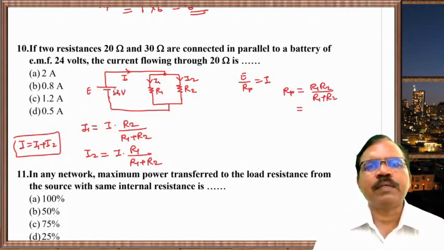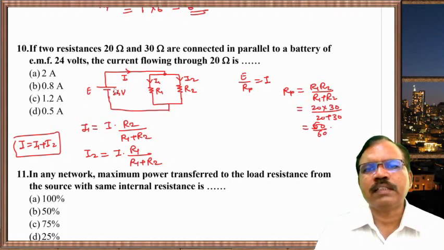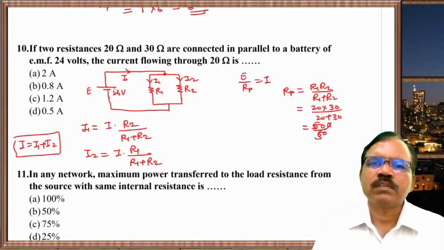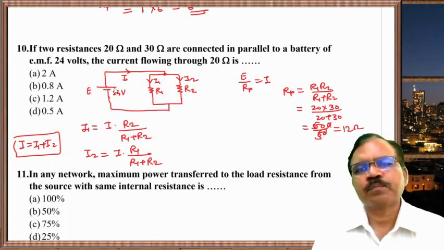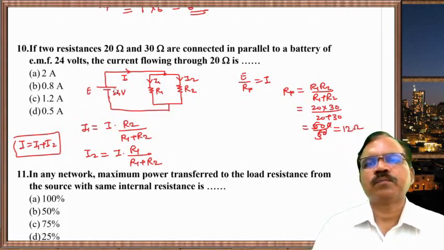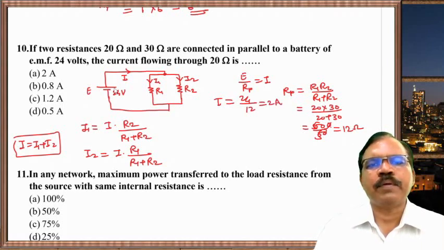So we get RP as 20 into 30 divided by 20 plus 30. So it is 600 by 50. So we get here 12 ohm. So I is equal to 24 divided by 12, so it is 2 ampere.